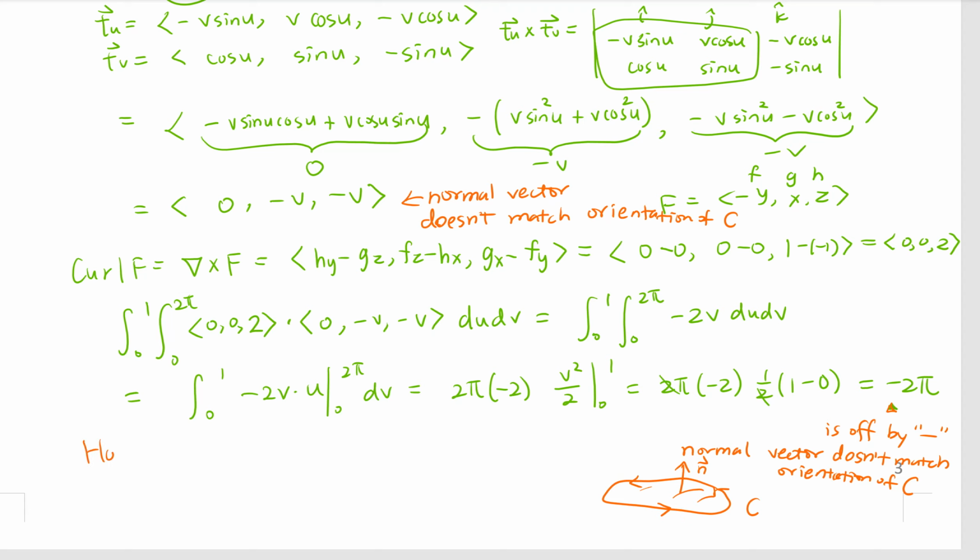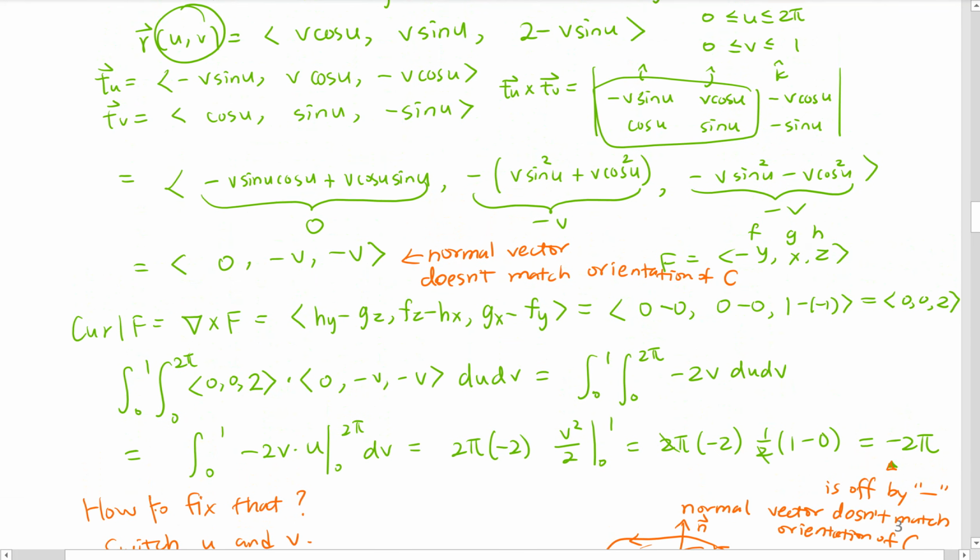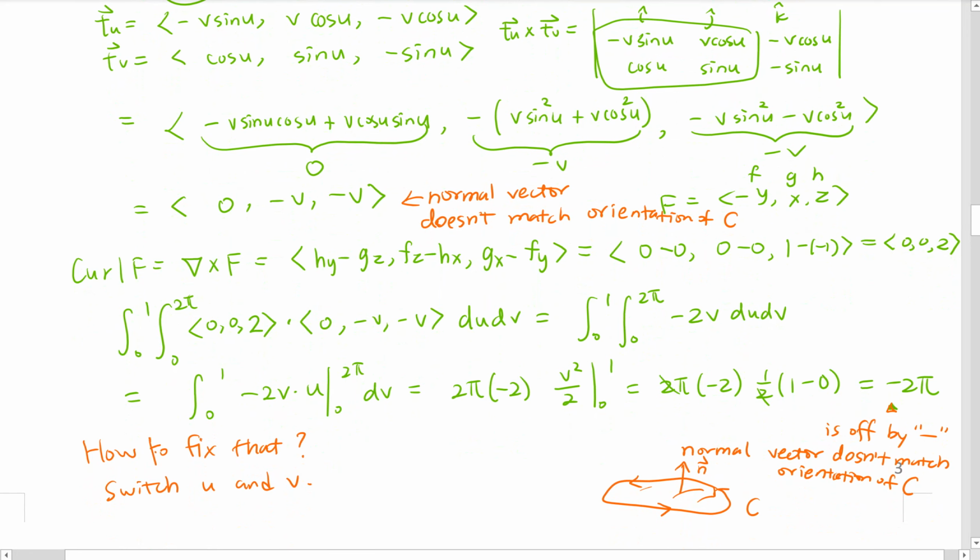So how to fix that? Just switch u and v. Then tu and tv swap, and when we switch them, you realize the normal vector is the opposite of what we had before.